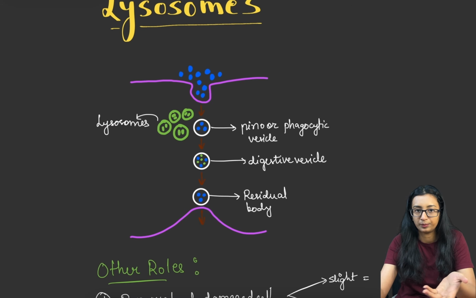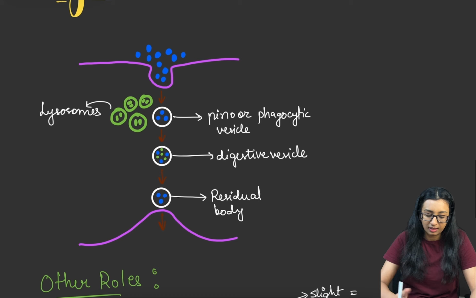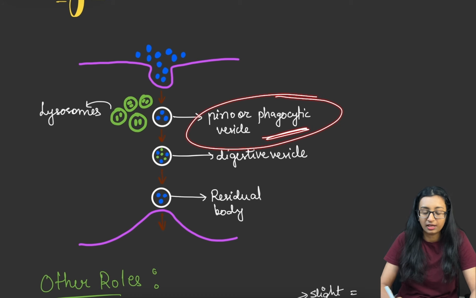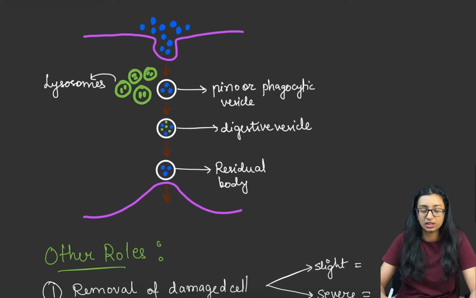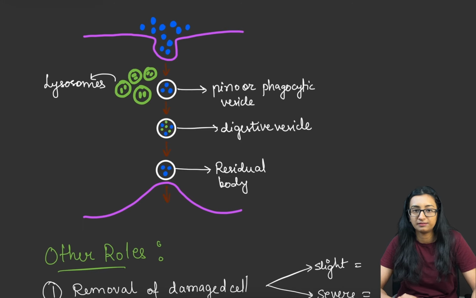After this, what happens? They should be taken away. They should be digested away. So we have known that lysosomes are the intracellular digestive enzymes. The lysosomes come in and take the pinocytotic or phagocytotic vesicles, in which there is a formation of a digestive vesicle. For example, you eat some food and it is digested, and let's say 20% of it is undigested.